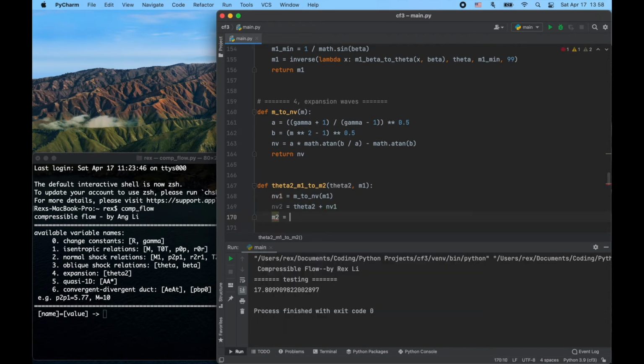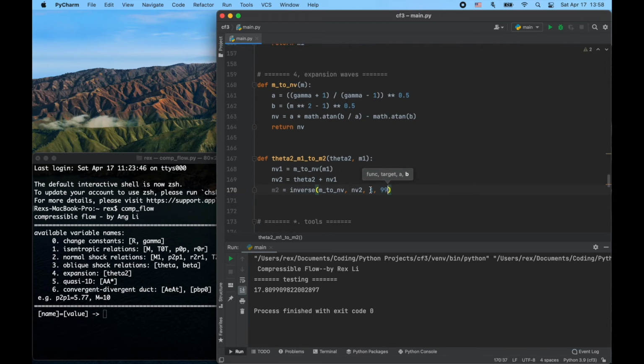And M2 is going to be the inverse of this function. We search from 1 to a really large number. Remember that Mach number has to be larger than or equal to 1. Otherwise, this number would be negative, and B would be a complex number, and that's not what we want. So we can find M2 here.